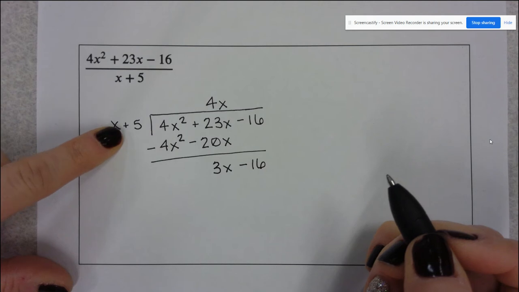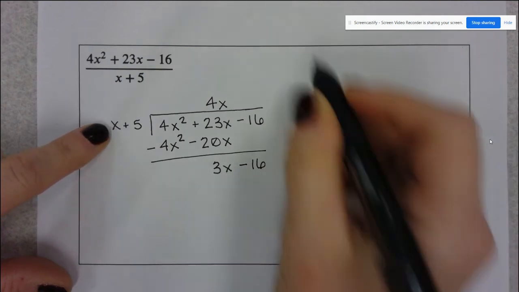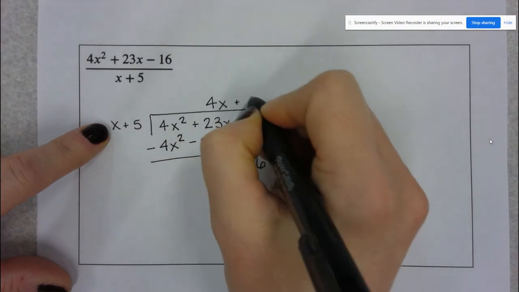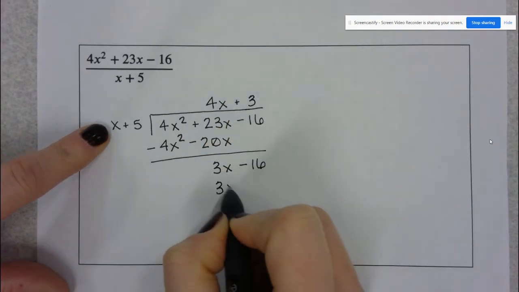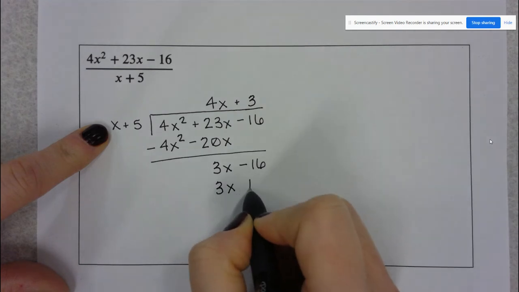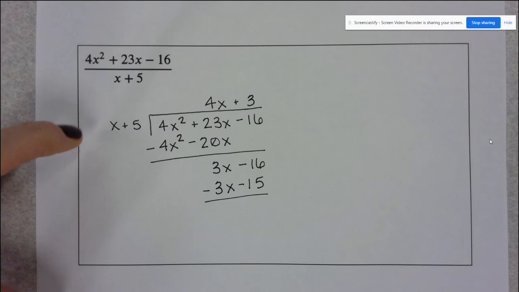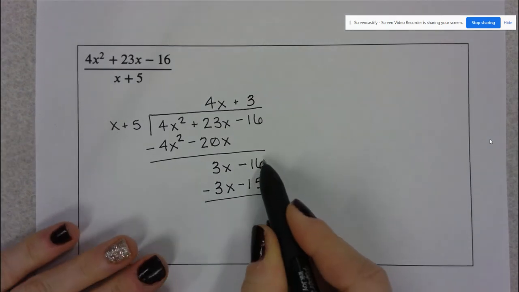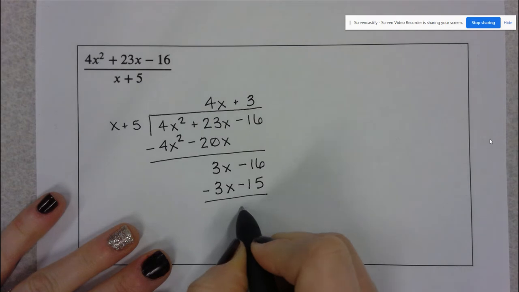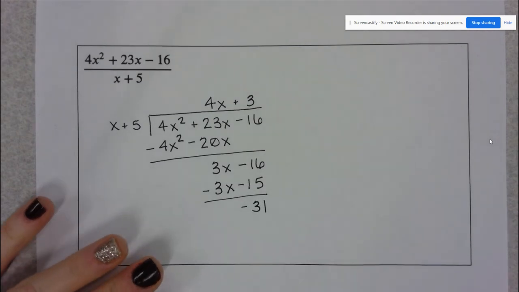So now in order to get 3x, dividing that in here, I need to multiply by plus 3. So that's going to give me 3x and 15. Subtracting those here. So I am going to have a remainder in this case of negative 31.